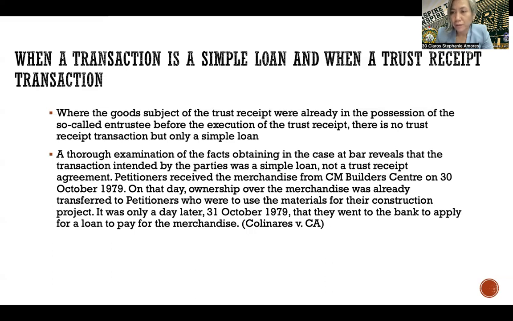Considering that the entrustee did not acquire possession after execution of the purported trust receipt, in that case, it was not considered as a trust receipt transaction, but only a simple loan.